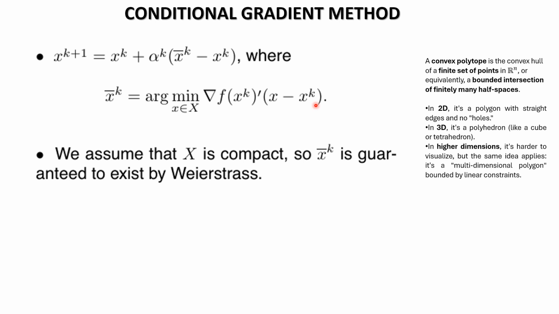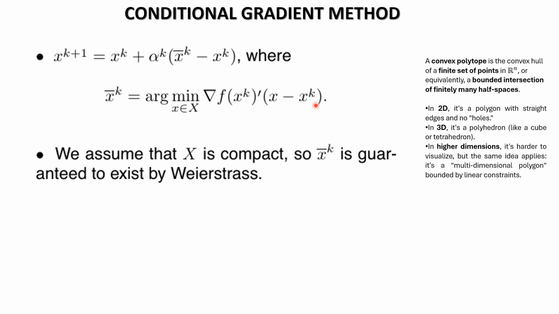Instead of minimizing the full nonlinear function f(x), we minimize its first-order Taylor approximation around x_k. Since f(x_k) is constant with respect to x, we only need to minimize the linear part.